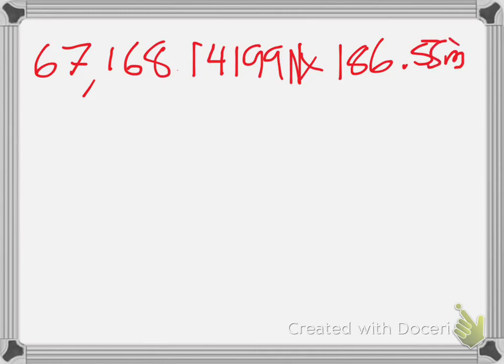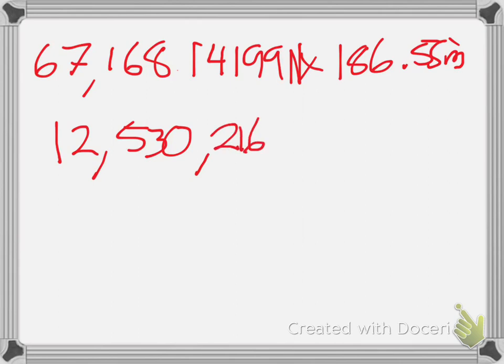We'll keep the decimal points. So if we do that, then we should wind up with 12,530,216.889,122, and this is going to be in newton meters, otherwise known as joules.